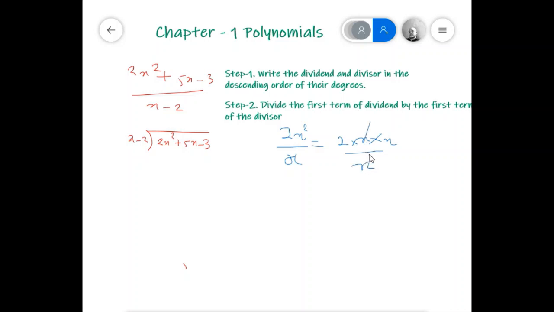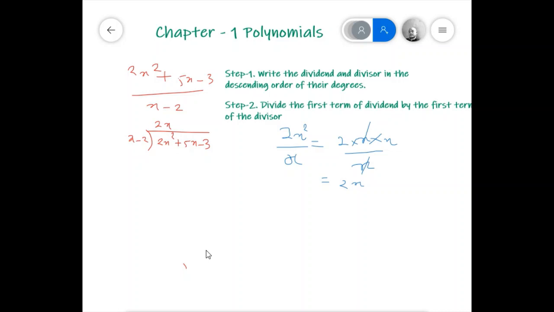So this x and this x get cancelled, so the answer is 2x. So write this 2x over here. Understood? That will be the quotient. This is the first term of the quotient.